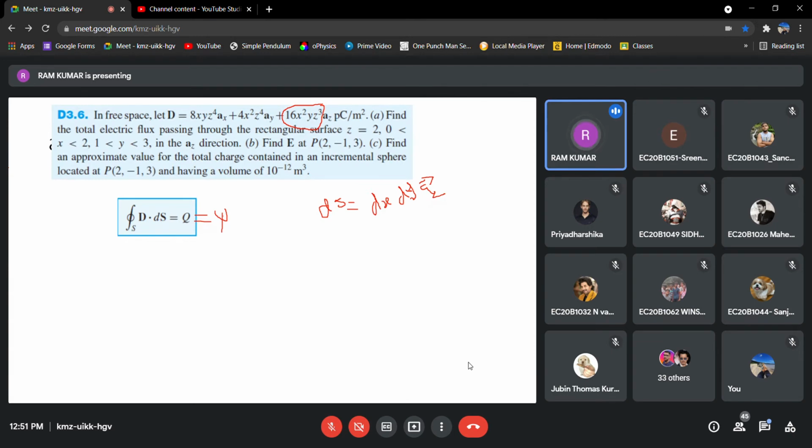I hope you noted the problem. Shall I close this? Otherwise, you just note this. Simply write D vector and this rectangular surface region.